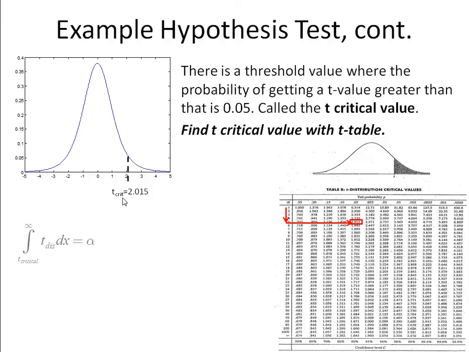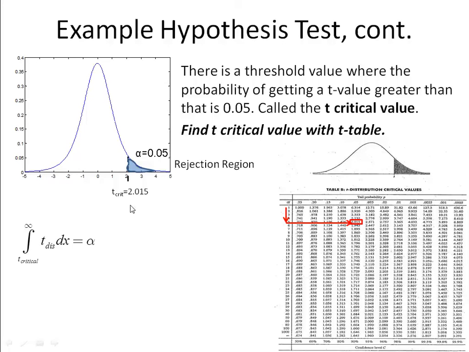The area to the right of that, so in mathematical speak, the area under the curve of the t distribution, starting at the t critical value and going towards infinity, is alpha. So this area under here is alpha, or 0.05. So that's what's called our rejection region.